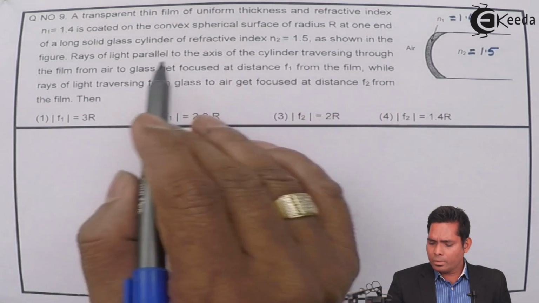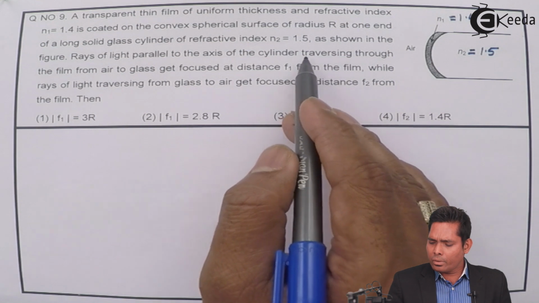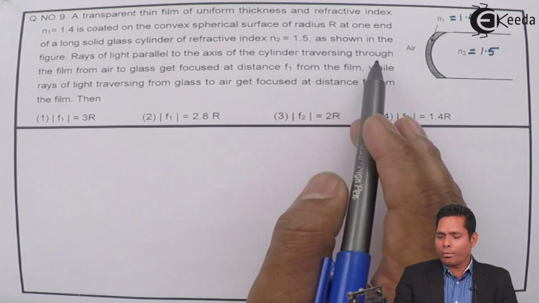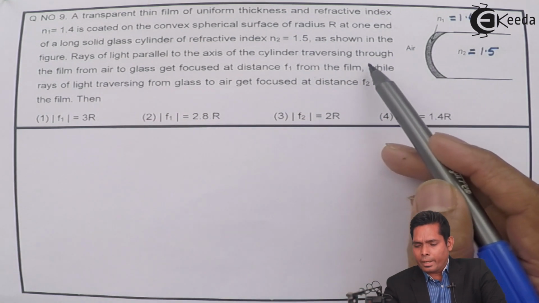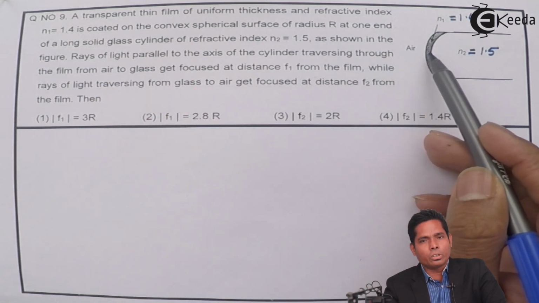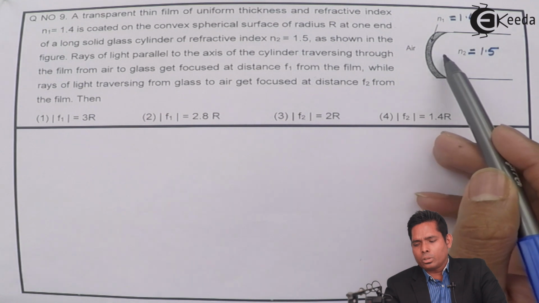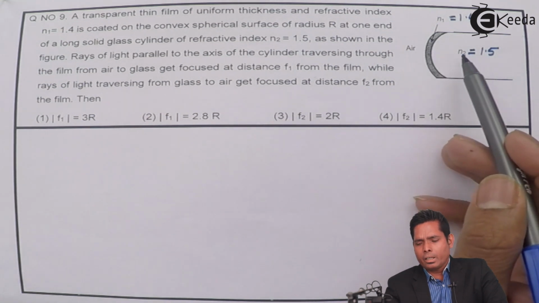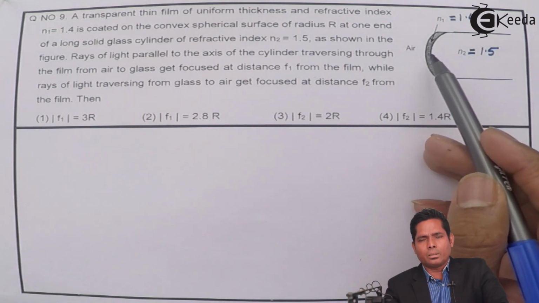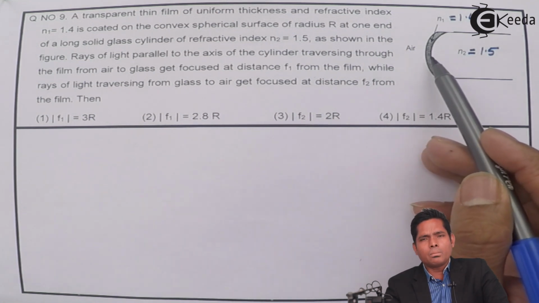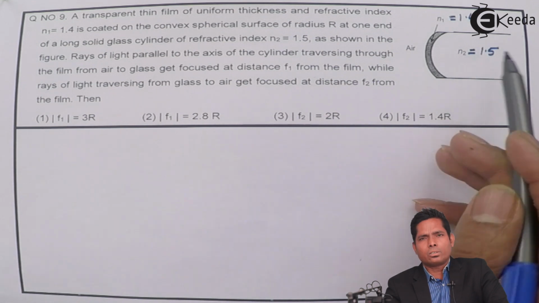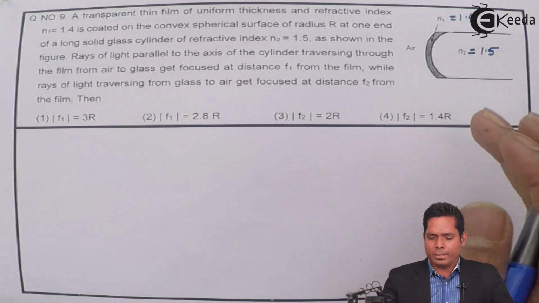And then the ray is traversing through the film from air to glass. So from air to the film, and the film to the glass. So this way it keeps changing the media. One medium is air, the other one is the film, and the third one is the glass. So there are three media present.